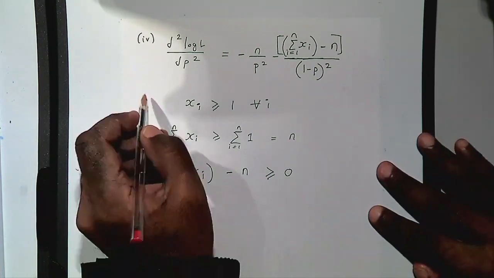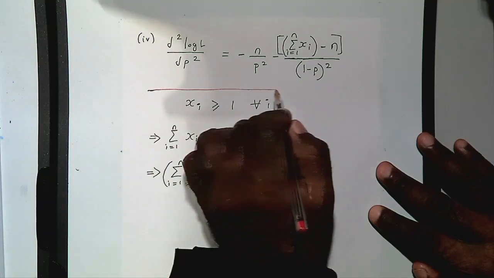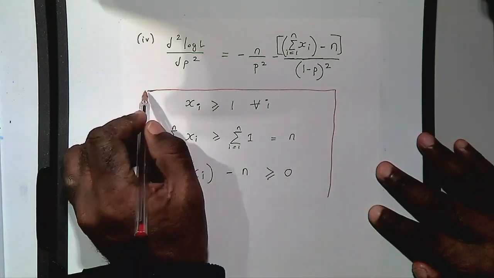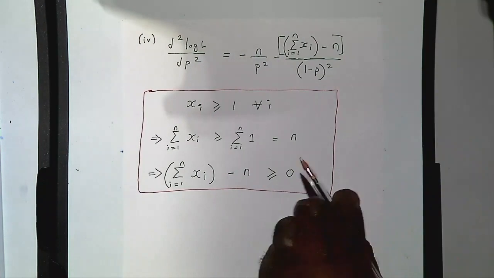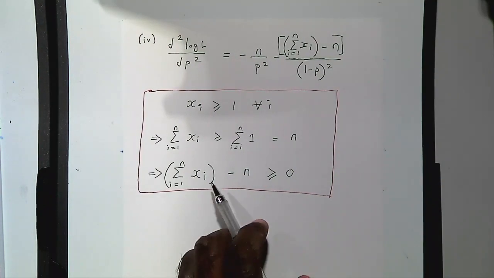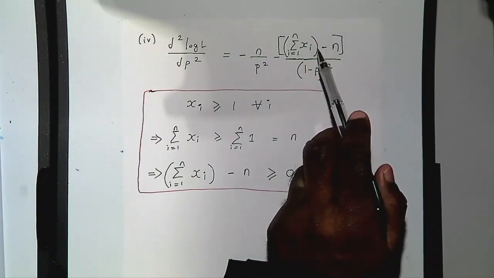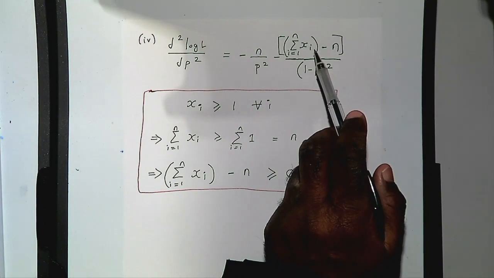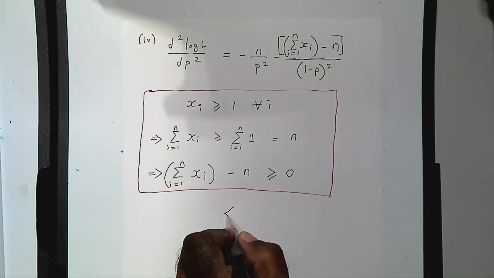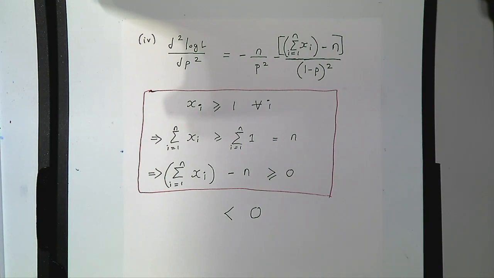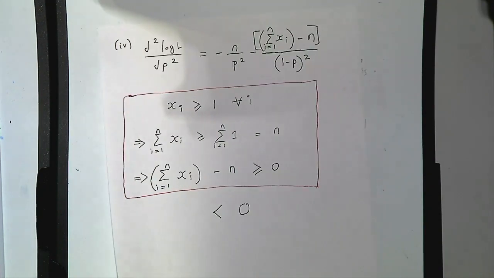So let me put this in a box. All right? Put this in a box. Right? So what I've shown here is that this part here is always non-negative, right? And therefore, it must be negative, right? That thing here, right?